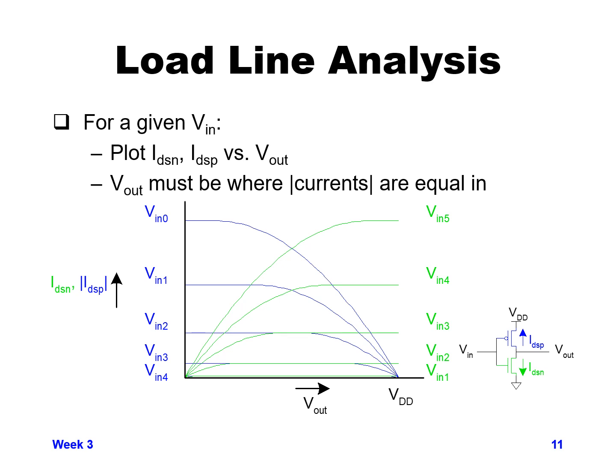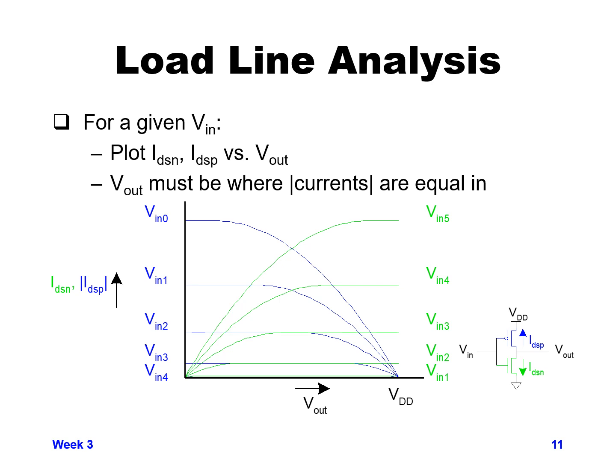So if we do a load line analysis of an inverter, so we have our inverter drawn over to the right hand side, lower right corner. We have an NMOS and PMOS connected in series with each other. So one is considered to be the load of the other, or vice versa.